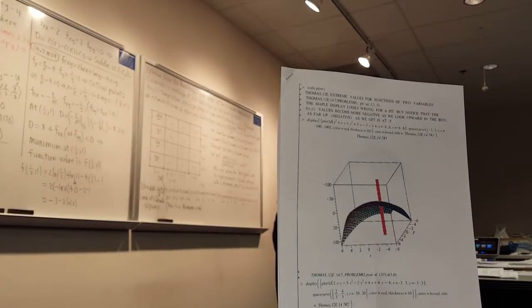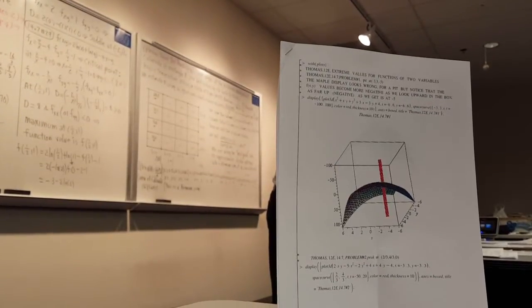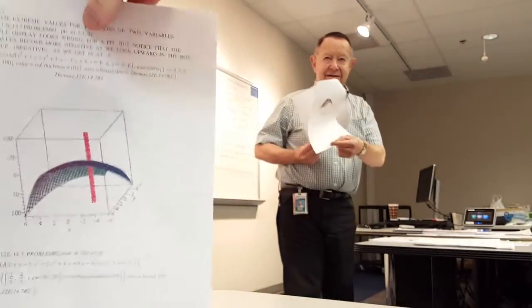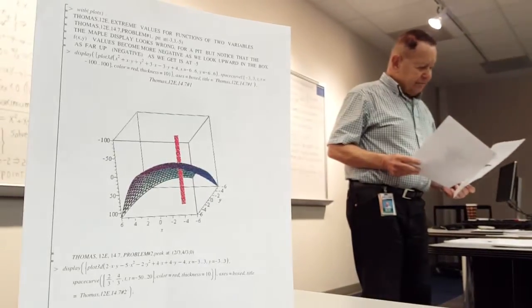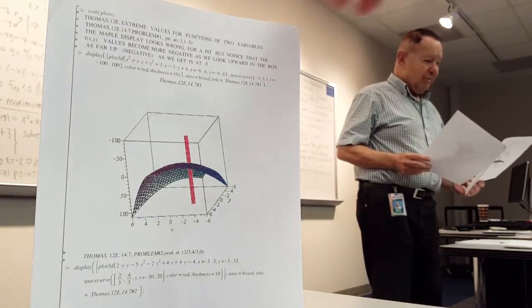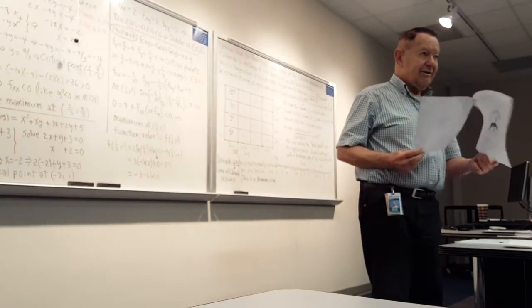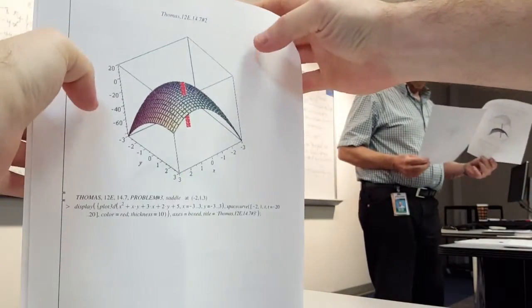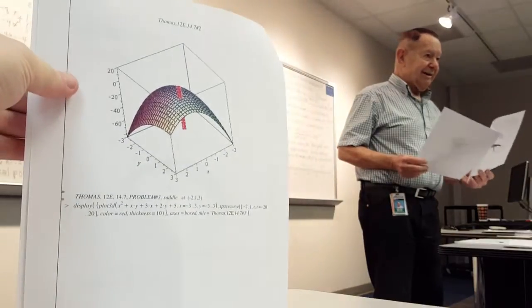Problem starts on the bottom of the first page, and I've drawn the picture on the back of the first sheet of paper. This one shows up pretty well. I think that there is a maximum, although again, if you just had to look at the Maple drawing of the surface without my red line, it would be hard to pick out exactly where that is in the picture.